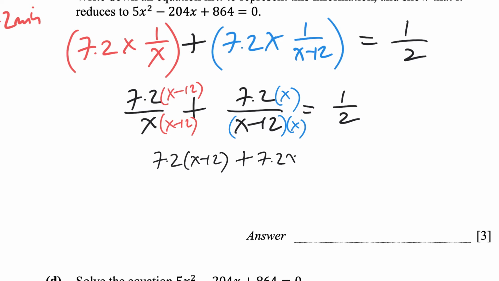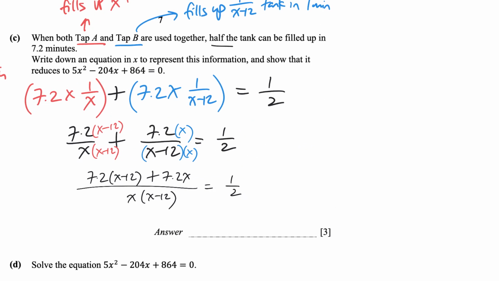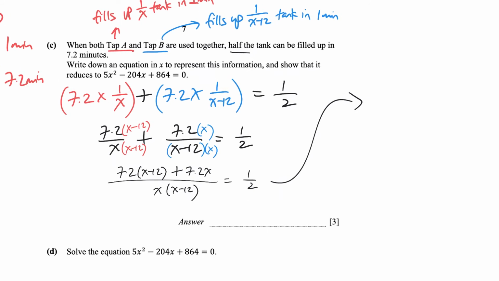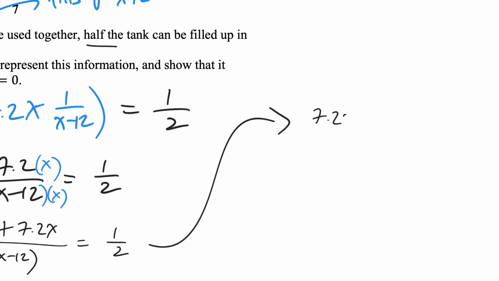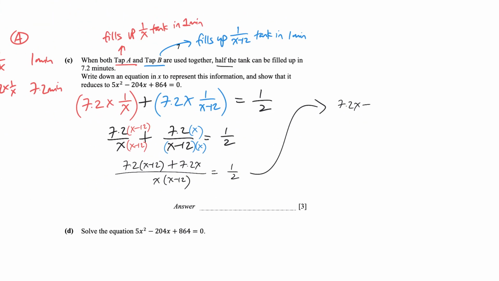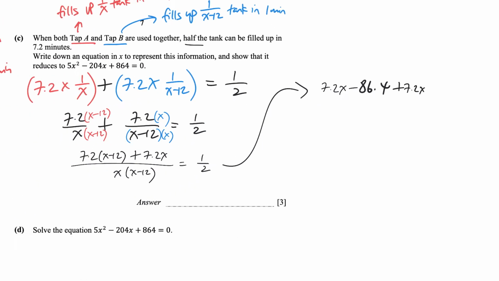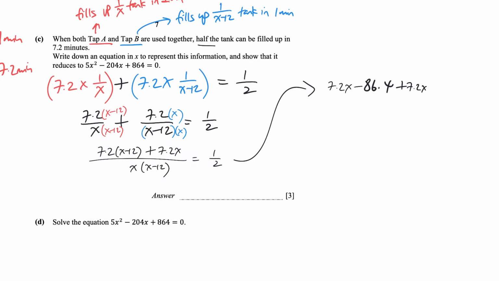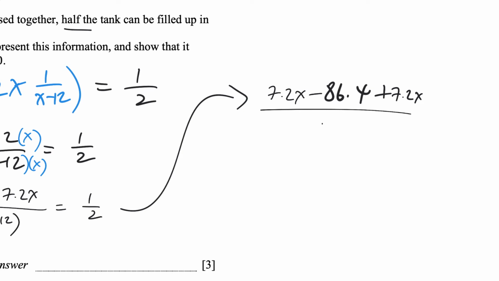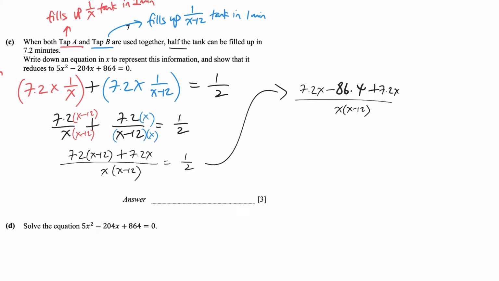Now we can cross multiply, or maybe let's simplify a little first so it's not so confusing. That will be 7.2X minus 7.2 times 12, which is 86.4, plus 7.2X, over X, equals half.